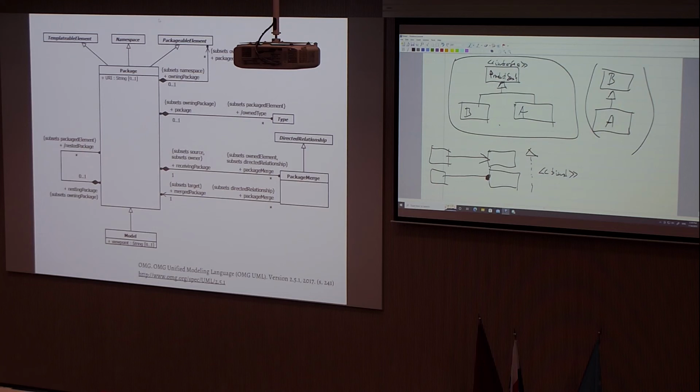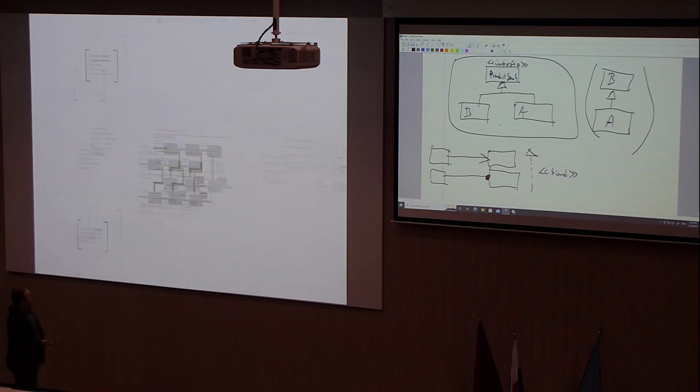The UML specification is not just a bunch of text that describes what UML is, and a bunch of examples. It is a bunch of diagrams as well that express the abstract syntax for your modeling.